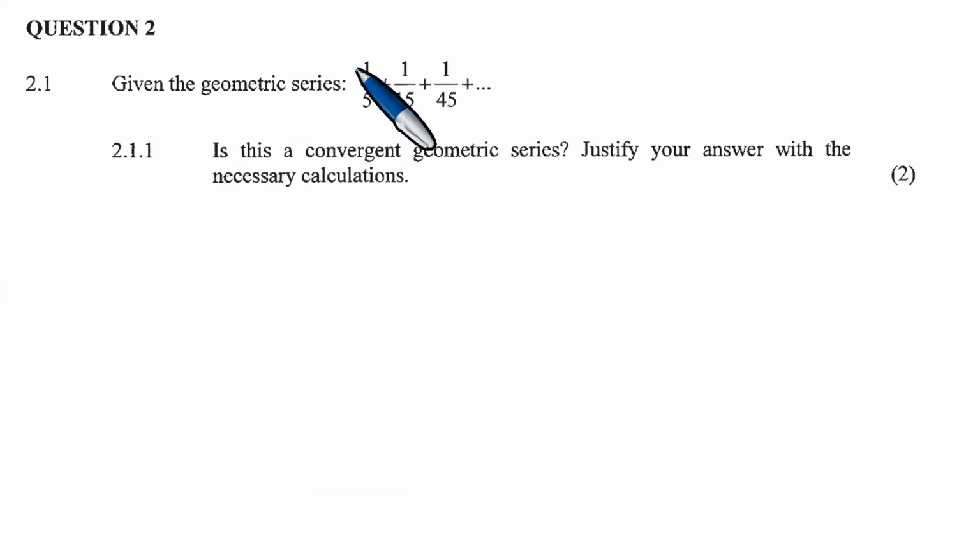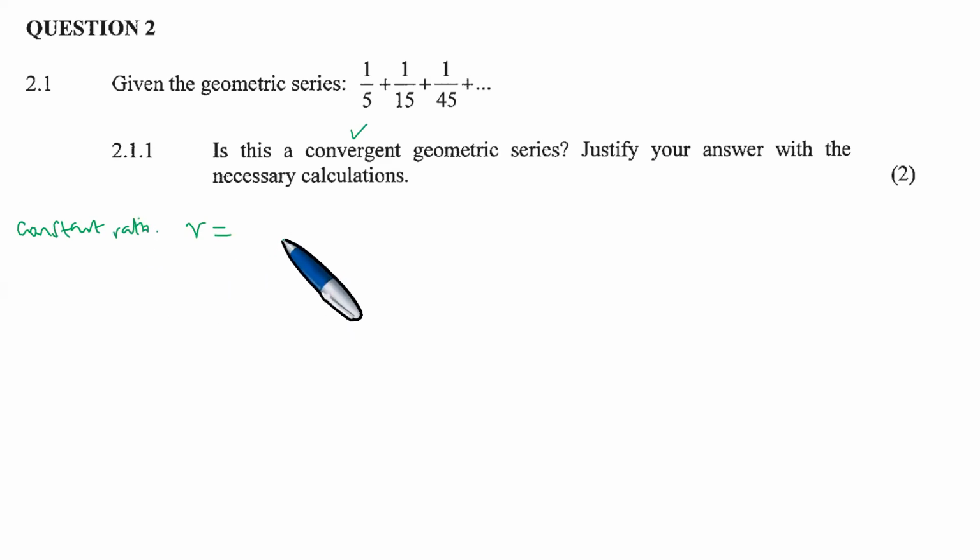Right, so in other words, given the geometric series, which is 1 over 5 plus 1 over 15 plus 1 over 45, we ask the simple question, is this convergent or not? How do we know convergence? For us to speak of convergence, we do what you call the constant ratio.